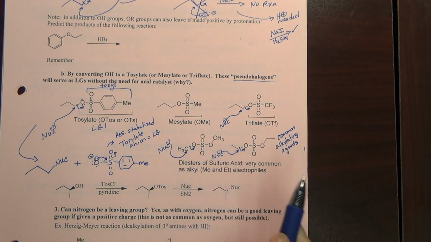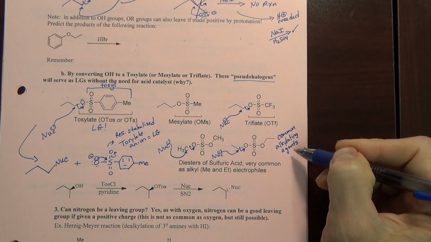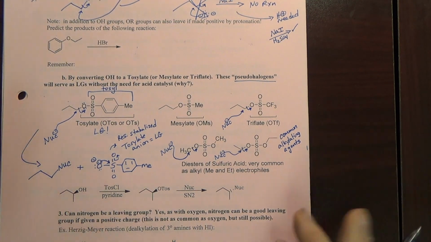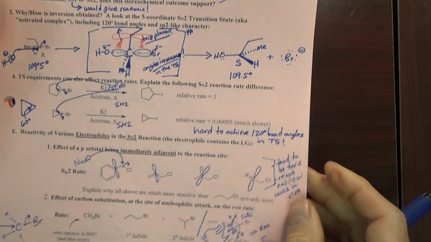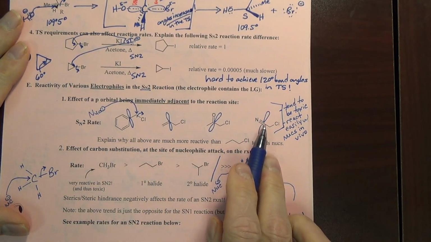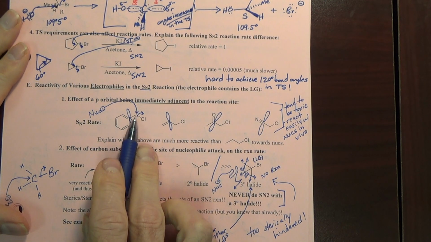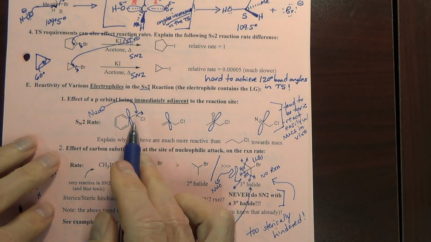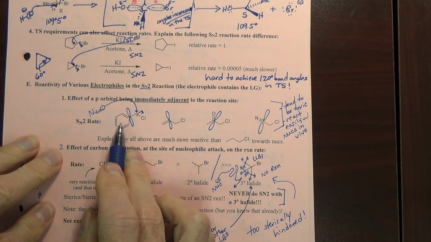But in general we can call these, and really anything with a great leaving group, okay, an alkylating agent. These are very potent alkylating agents because a nucleophile will react here, and you're going to then have an alkyl group bonded to your nucleophile. The saturated carbon would be called alkyl. Of course, the ring is an aryl.